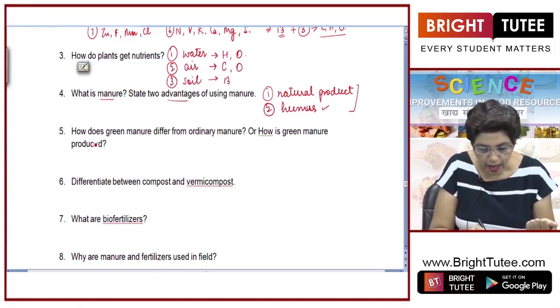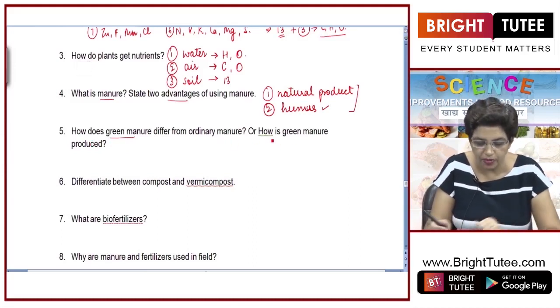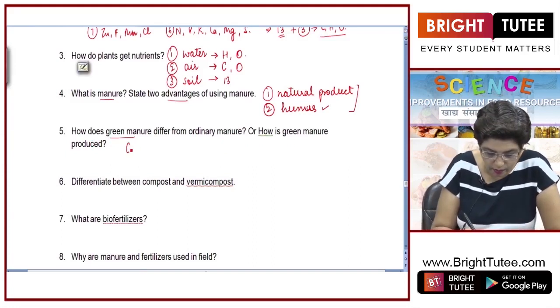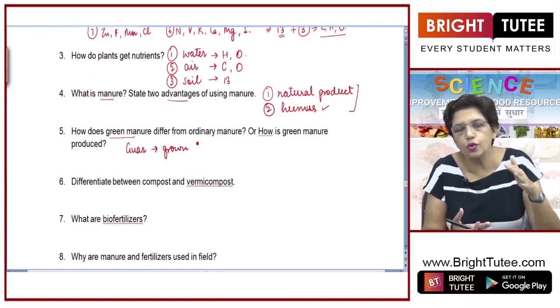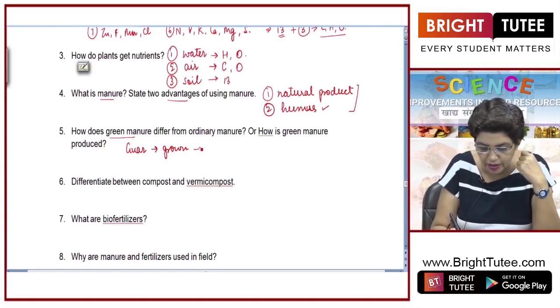Next question, how does green manure differ from ordinary manure, and how is green manure produced? Now there are some plants like sun hemp or guar, they are grown in the field before the cropping season starts. Once they are grown to a few inches, the field is plowed.